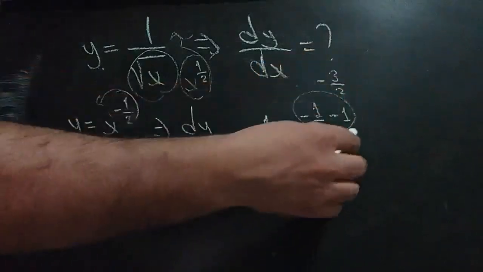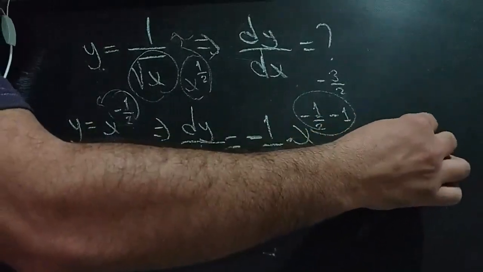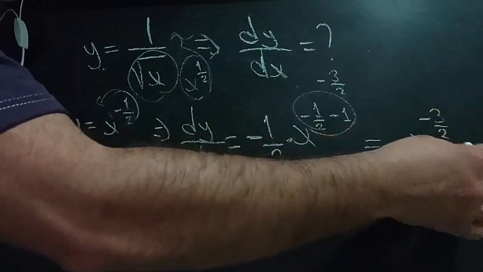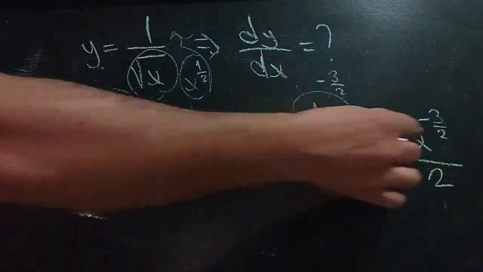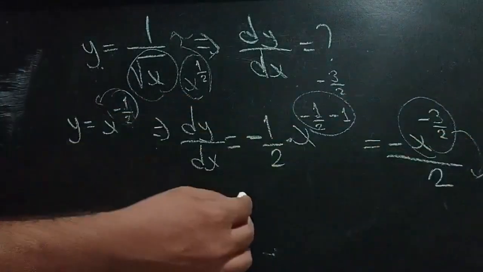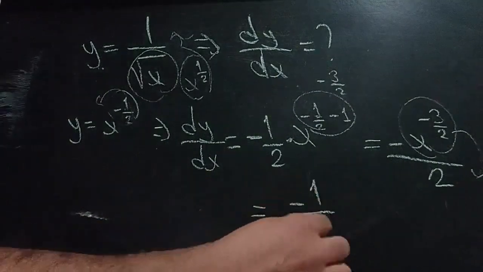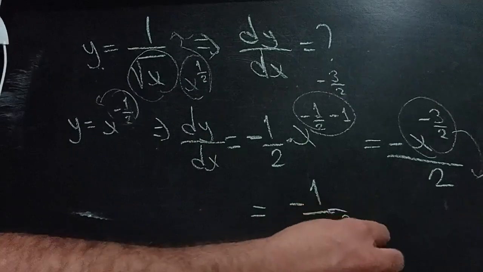Now I will get the expression negative 1 over 2 times x to the power negative 3 over 2. So you bring this one down, that will give me negative 1 over 2 times x to the power 3 over 2.